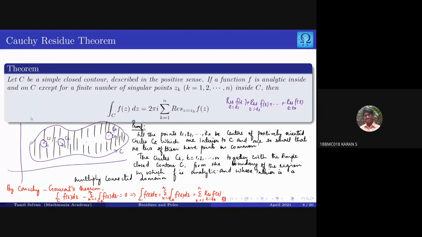So taking a simple closed contour in a positive sense, the function f is analytic inside and on the contour except for some singular points. If it's so, then the integral value would be the sum of the residues, which is given in the equation. Okay. So in order to evaluate these types of integrals, we'll have to find all possible residues. We'll have to sum them up, and finally when we multiply that quantity with 2 pi i, that is going to be the integral value. Am I right?